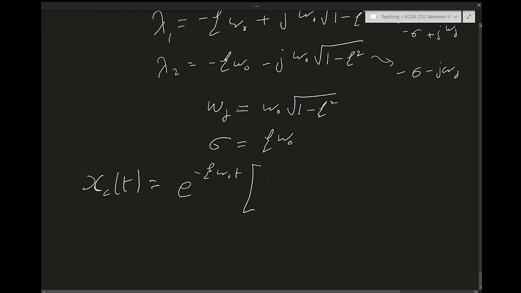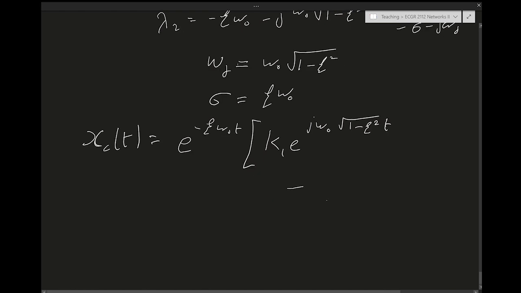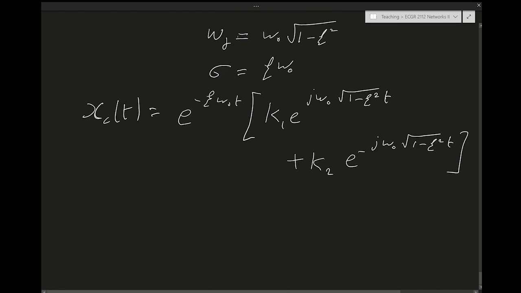And then inside I will have k1 e to the j omega d t plus k2 e to the minus j omega d t. Okay, so this is the general solution.